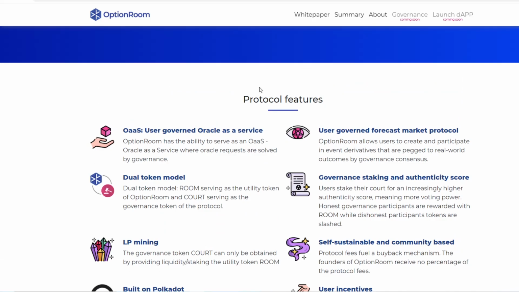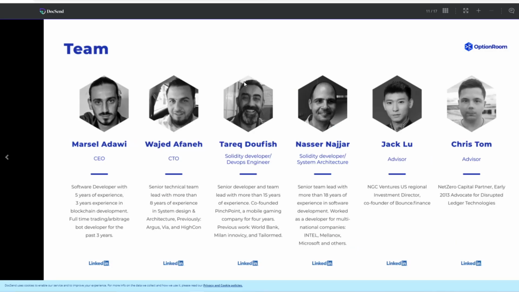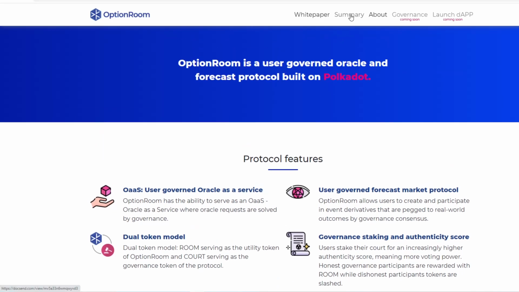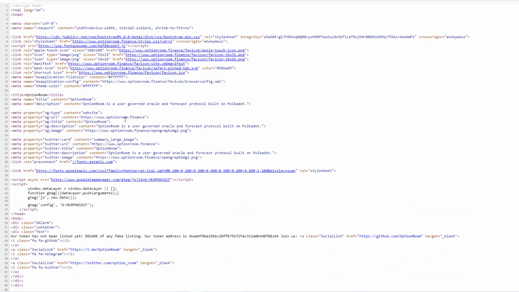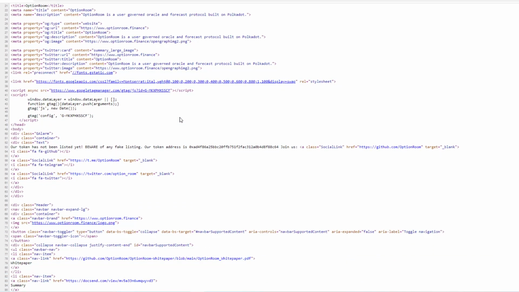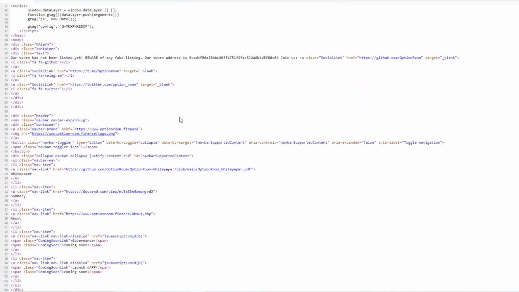They have a summary section here, but I actually want to take a look at the source code of their website to see what they built it in. Okay, bootstrapped. Sometimes you get companies building on Wix or on WordPress.